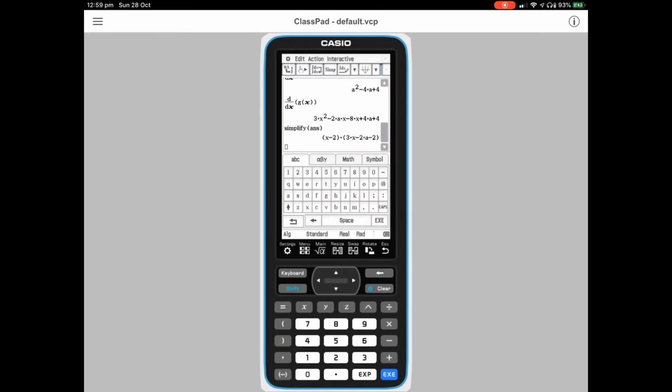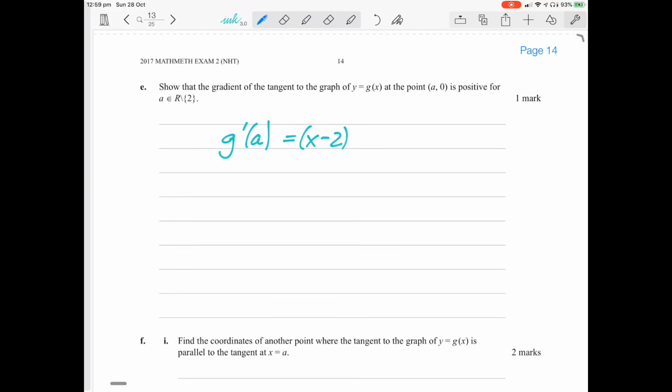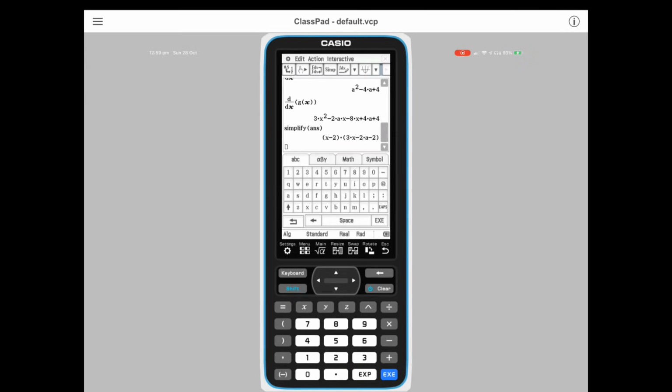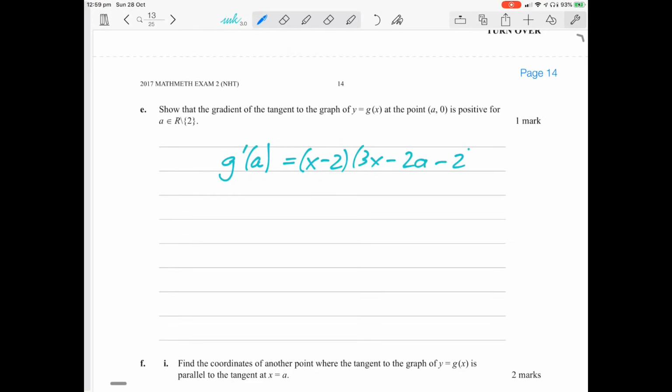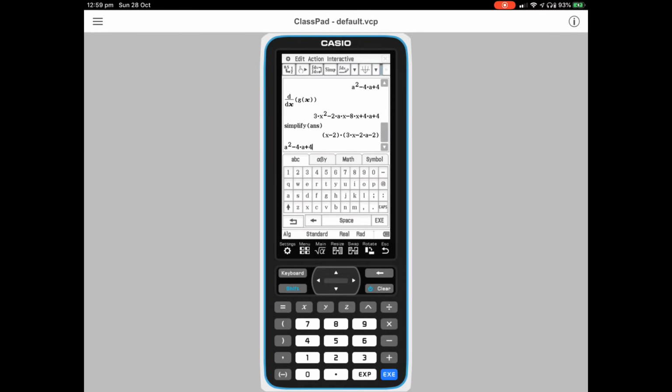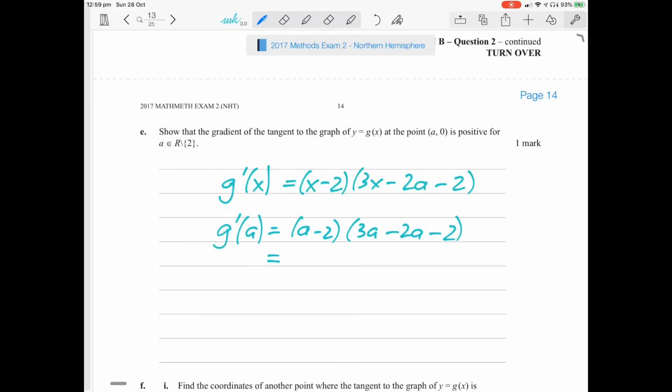So (x - 2)(3x - 2a - 2), that's g dash of x. g dash of a is (a - 2)(3a - 2a - 2), which is a squared minus 4a plus 4, which is (a - 2) squared.